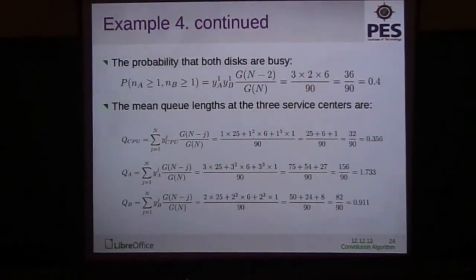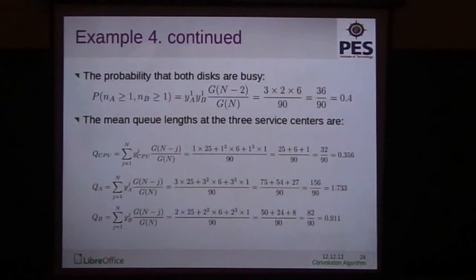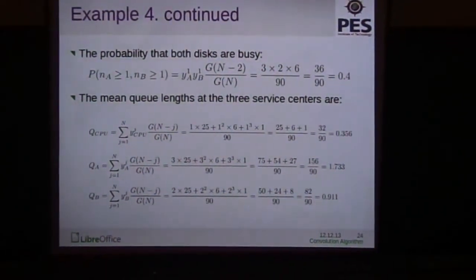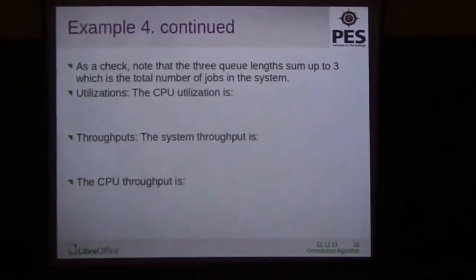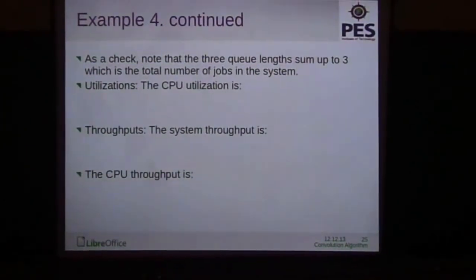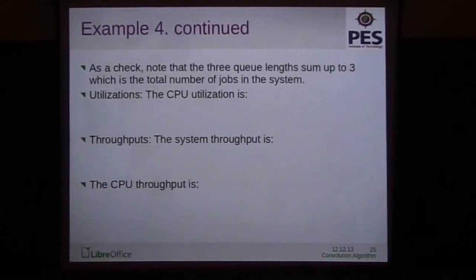And QB equals summation of j equals 1 to n of yb to the power j g of n minus j by gn, which is 0.911. As a check, note that the 3 Q lengths sum up to 3, which is the total number of jobs in the system.